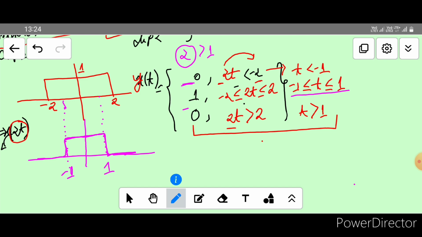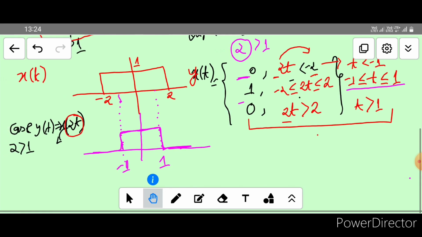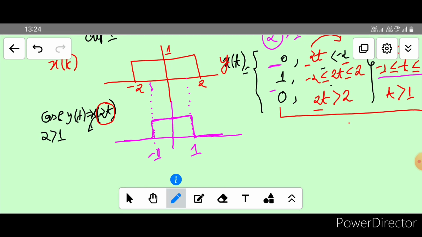So this is our signal y(t). This is our case number 1: when we take y(t) equal to x(2t), we can clearly see that our signal is compressed.